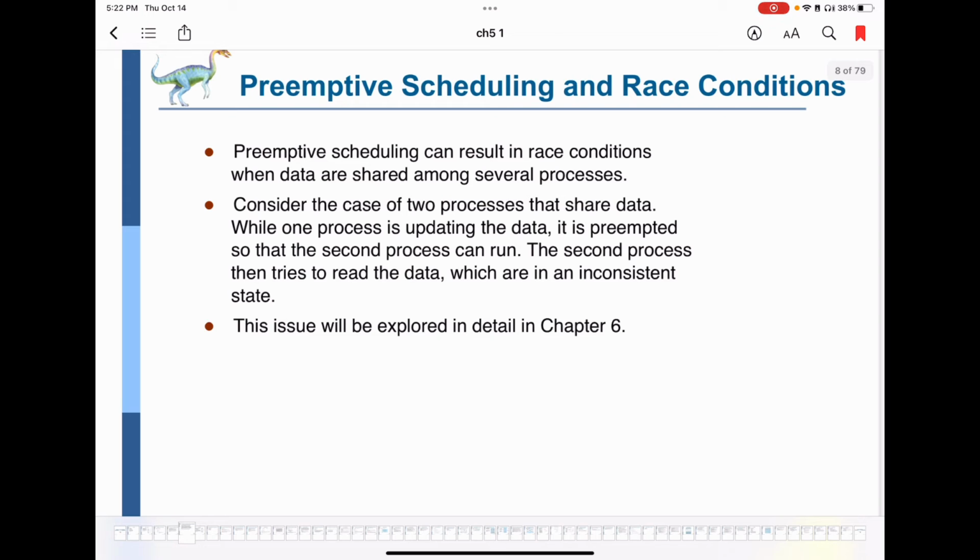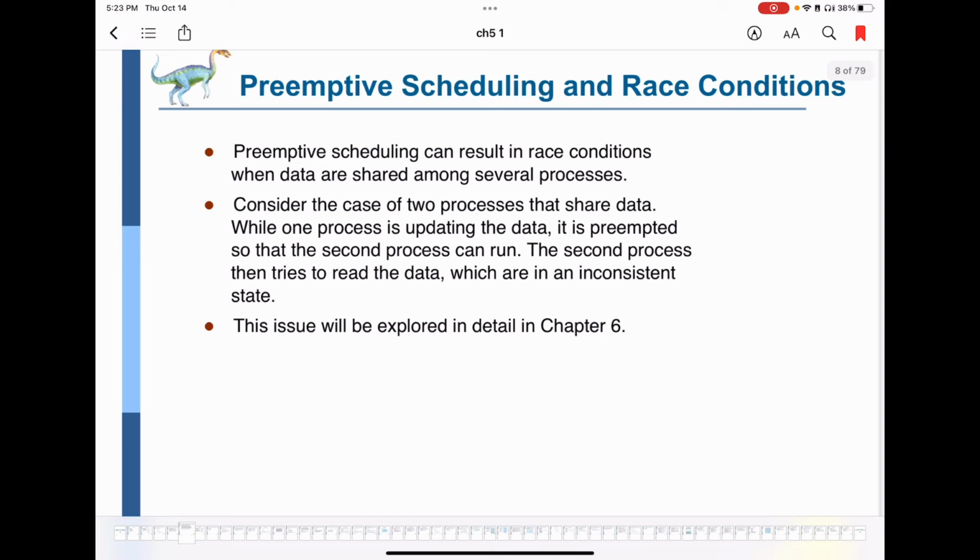The second process can try to read the data which are in an inconsistent state. So this is explored in Chapter 6. So in Chapter 6, we're going to discuss the problem and the solution for that.